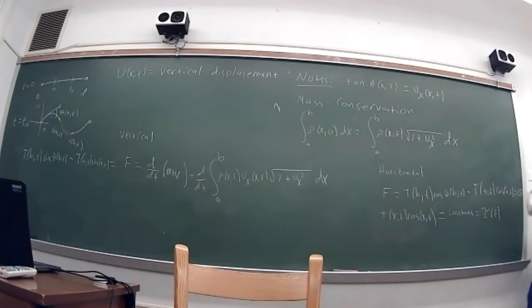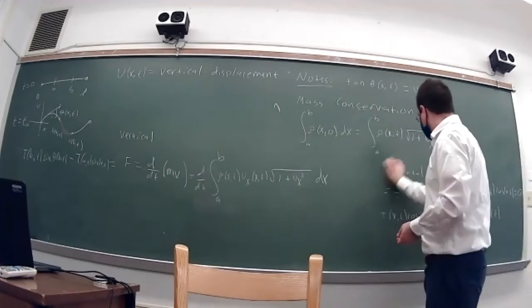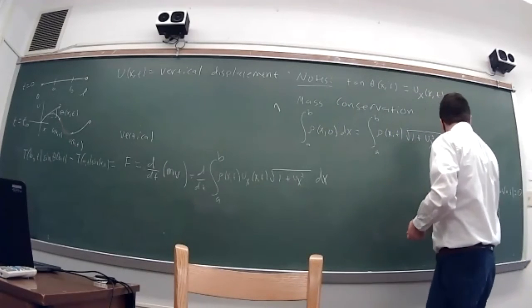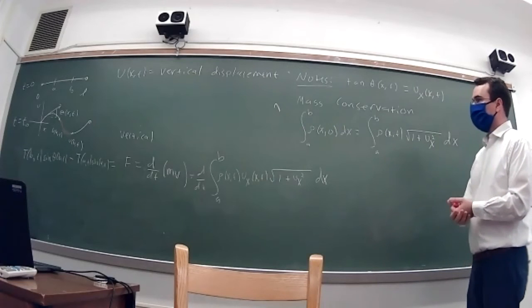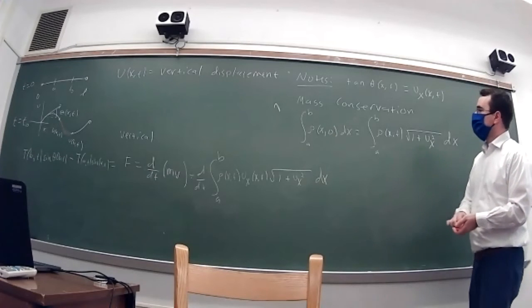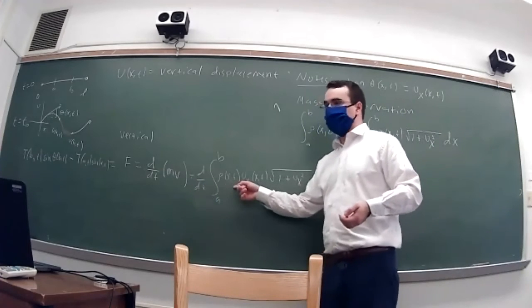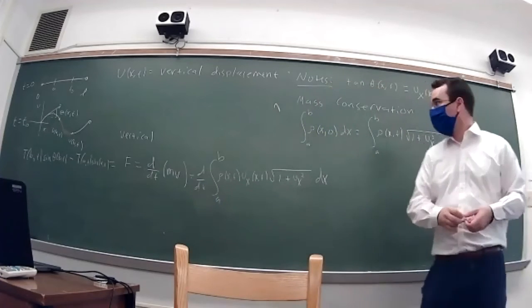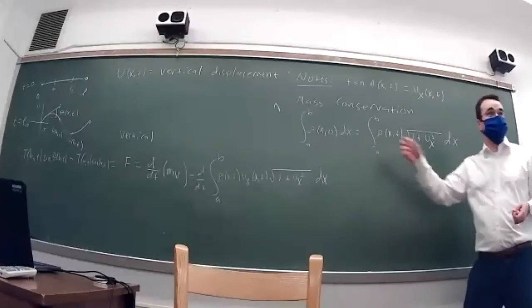Okay, so this has to somehow turn into the wave equation. And the first step is, you could just go straight ahead and take this derivative and start working, but I think it's much more civil to use this mass conservation.